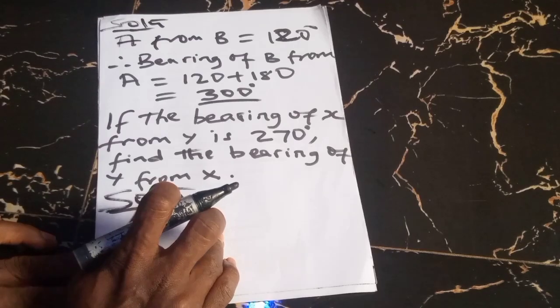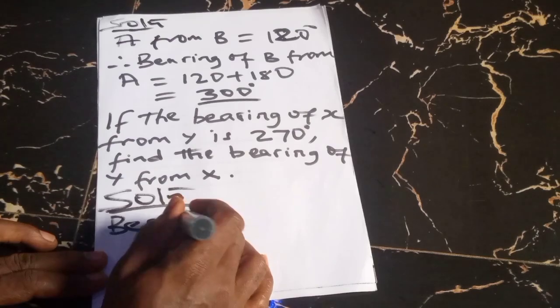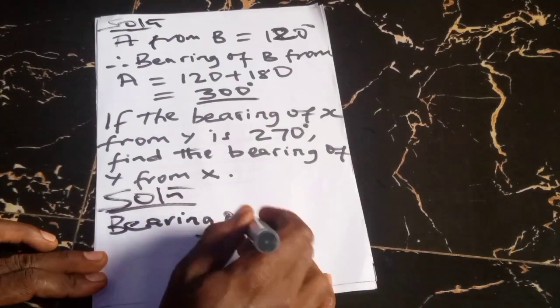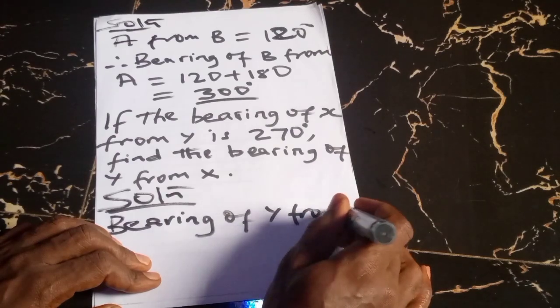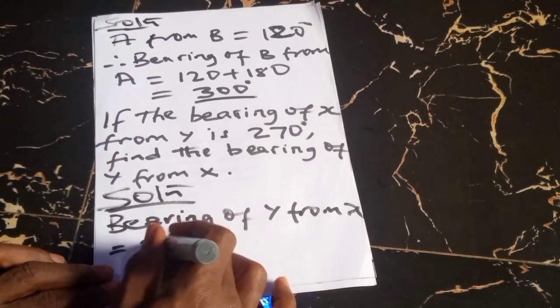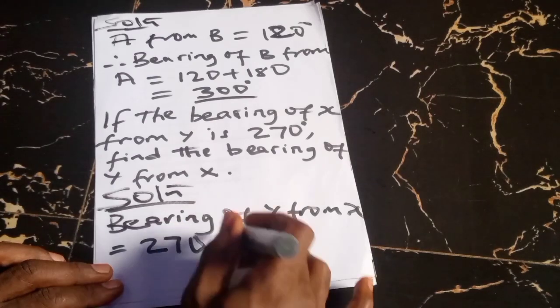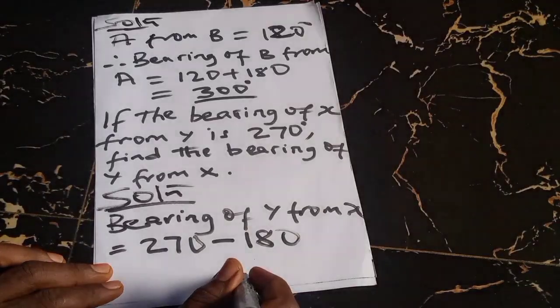Okay, now the back bearing, that is bearing of Y from S, will be 270 minus 180. So 270 minus 180 will give us 90 degrees. That is the back bearing.